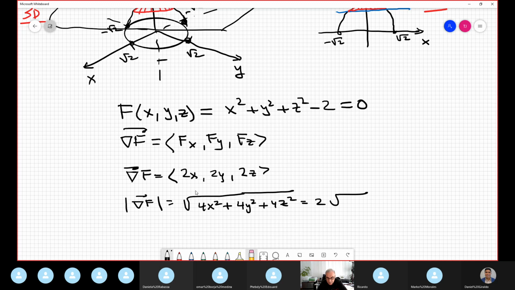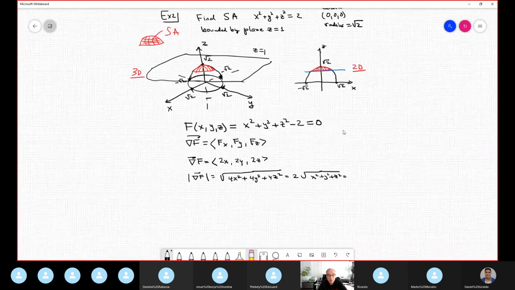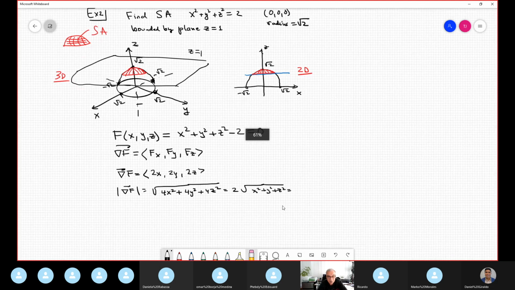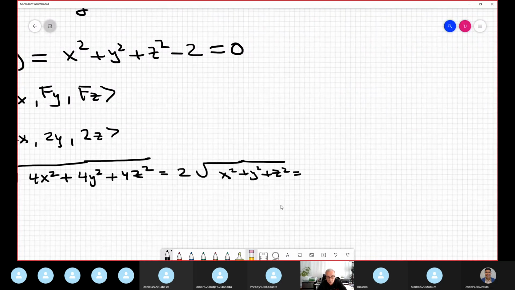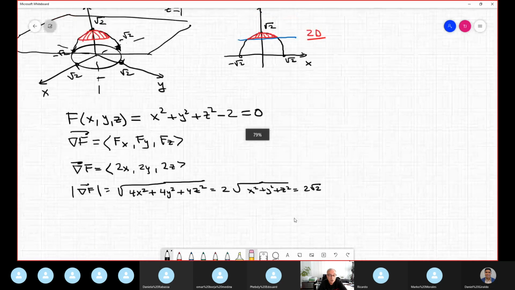And stay inside x squared plus y squared plus z squared. But I know very well that x squared plus y squared plus z squared is equal to 2 in our problem, in the sphere. Therefore, you replace numerically, because at any point of the sphere, this is equal to radical 2. Then the answer is 2 radical 2. Wow, amazing. The magnitude is constant. This is good, because it simplifies a lot the double integral.